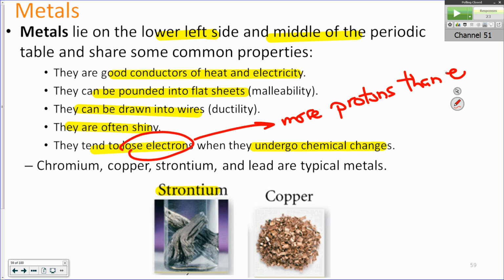I'm going to represent electrons with an E and a negative mark, which means it's positively charged. It's a cation. So metals tend to react to form cations. We'll find out the opposite occurs when we look at nonmetals.